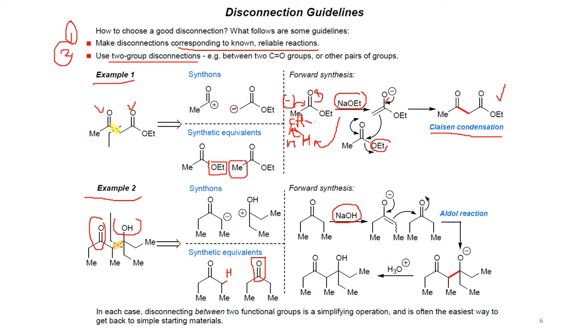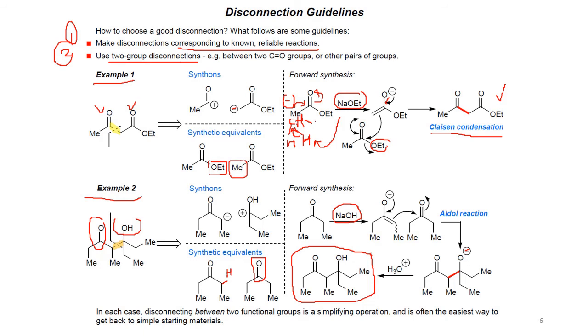The pi electrons attack this carbonyl, and the electrons from the C=O bond move to the oxygen, giving you a minus oxygen, which when you introduce acid gives you the target molecule.